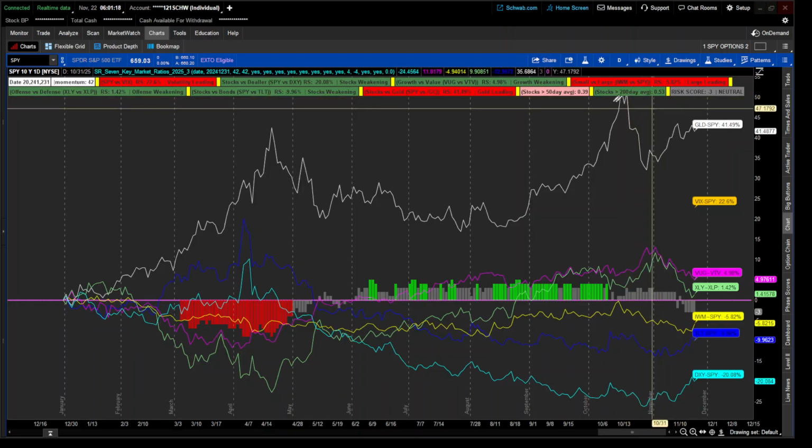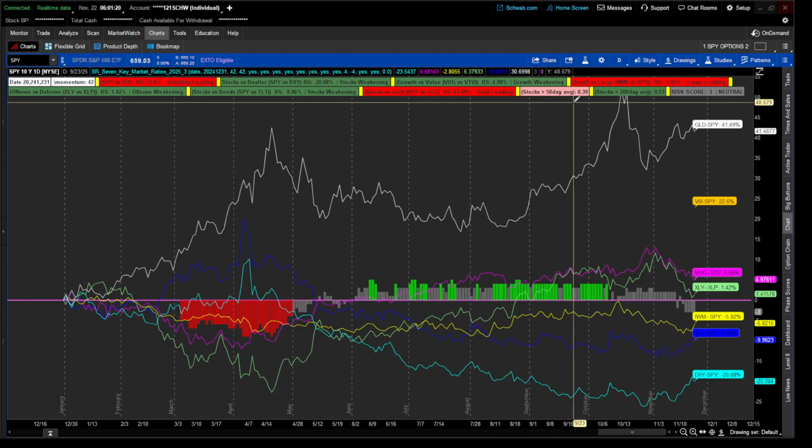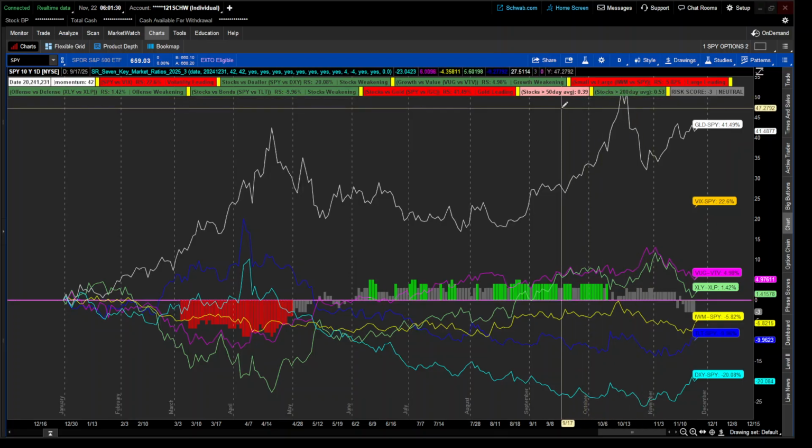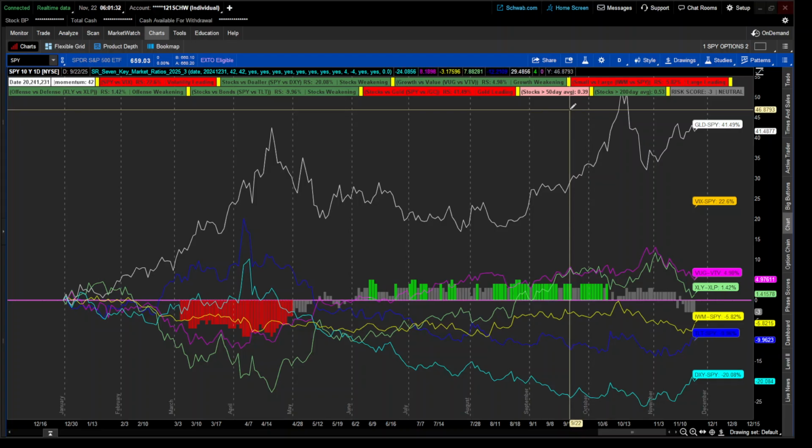And you can see that our stocks that are below the 50-day moving average has turned to 0.39 above 59. But you can see it's turned pink, and pink is saying that it's improving, but it's still below zero. So most of the stocks in the S&P 500 right now are below their 50-day moving average.